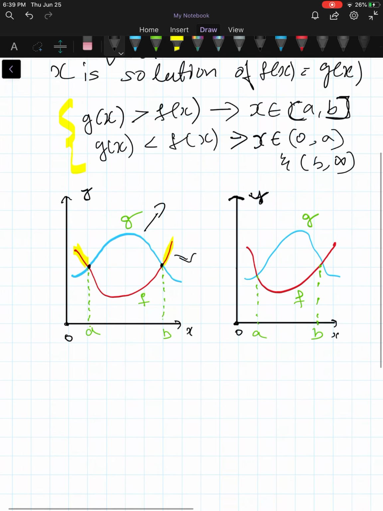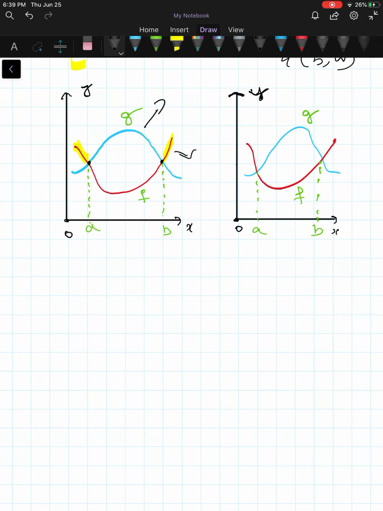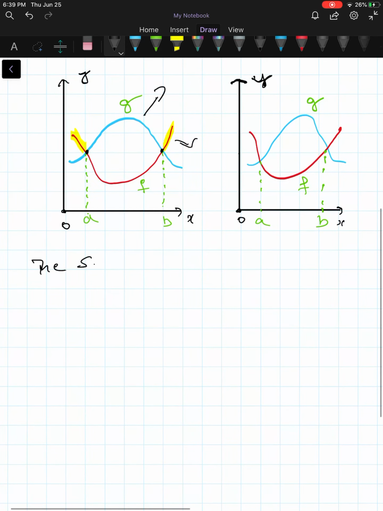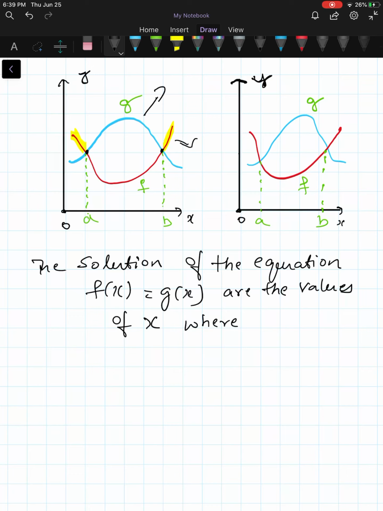Whatever I said till now can be put into two statements. The solution of the equation f of x is equal to g of x are the values of x where the graphs of f and g intersect.